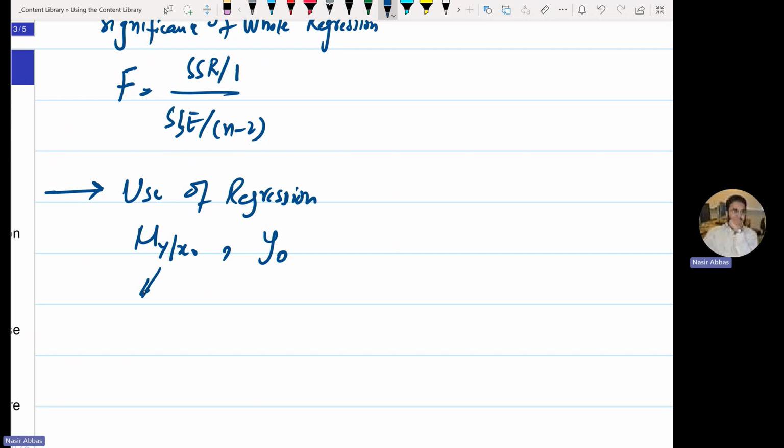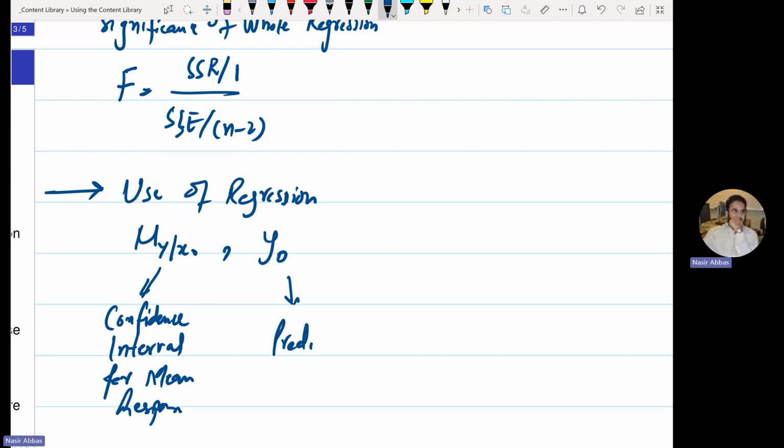For this one, you called it confidence interval or mean response. For this one, you call it prediction interval for single value, right?